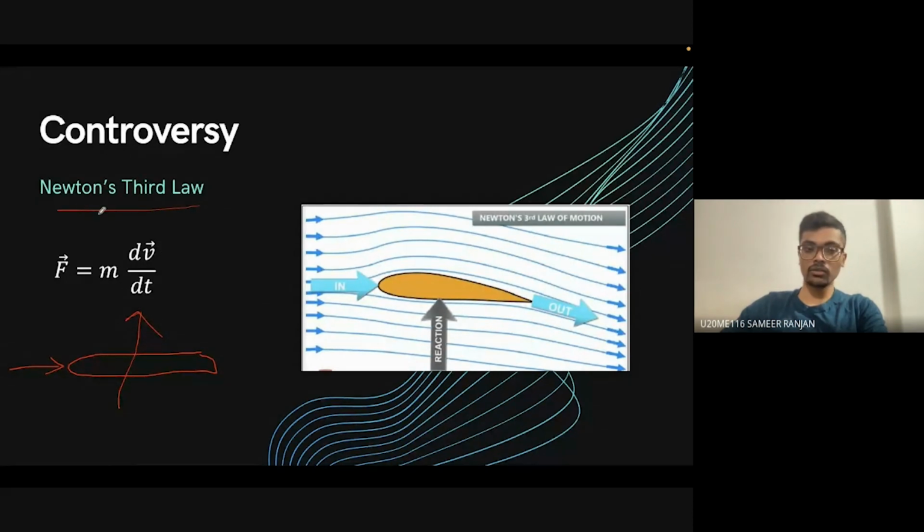And Newton's third law couldn't explain this, because only if the air is bouncing in this pattern can it generate lift in the upward direction. But in this case, Newton's third law was incapable of explaining why this was happening.